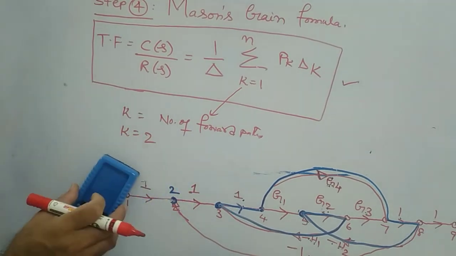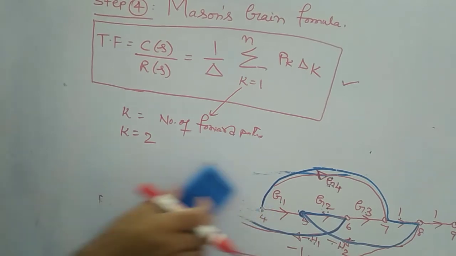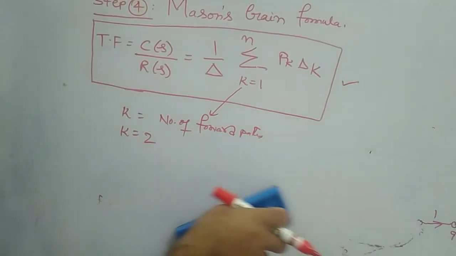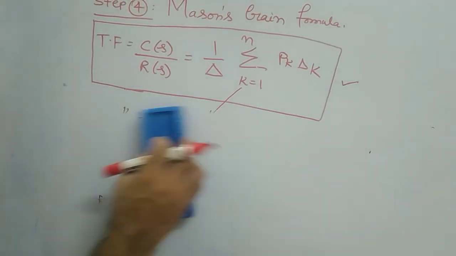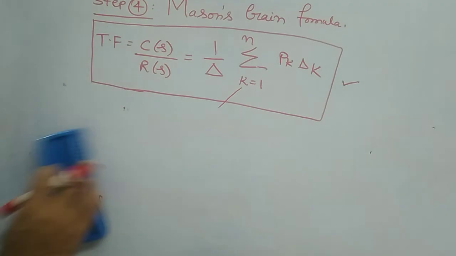So, I can erase this now. This is not required now, because we already took the information from this graph. I will erase that because I need to simplify.